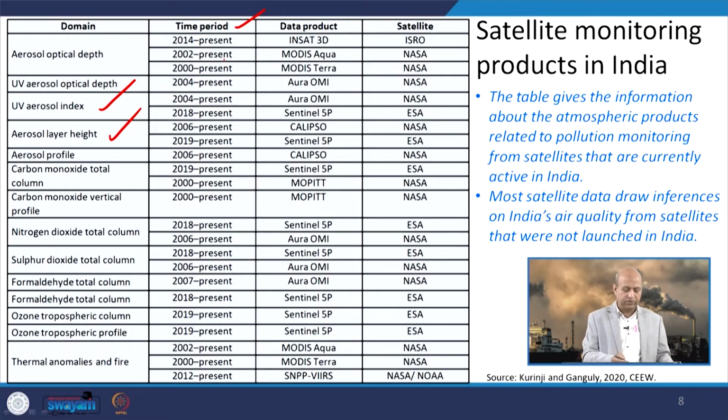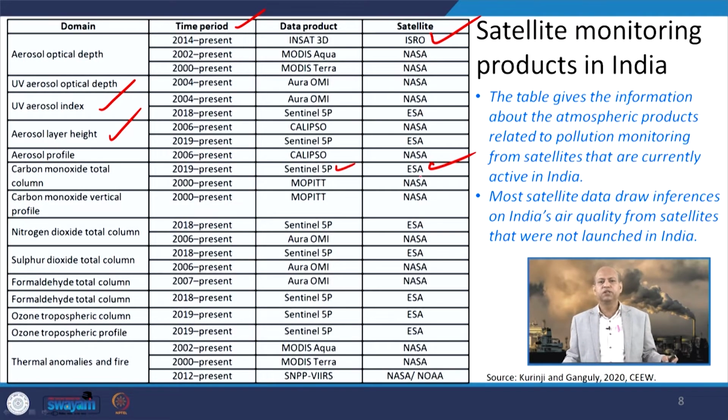Some are the latest, like 2019 to present, carbon monoxide total column, which is from the Sentinel-5P satellite of the European Space Agency. So different agencies are there, like ISRO from India, NASA from USA, and the European Space Agency. Several data products are available, and in the Indian context we can use all these parameters.